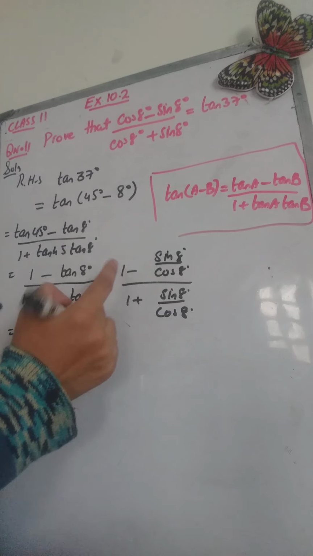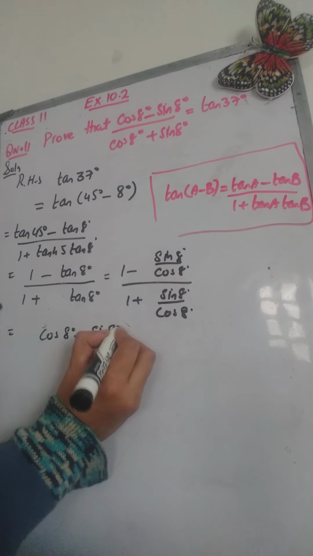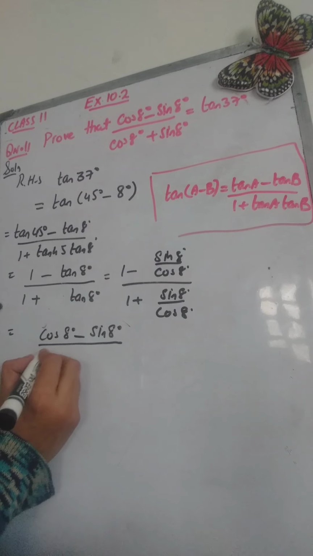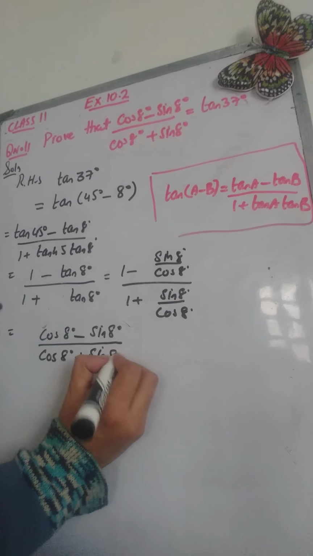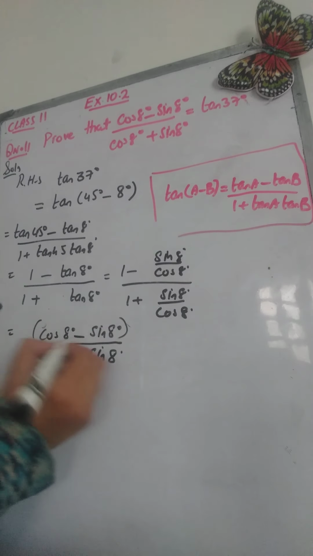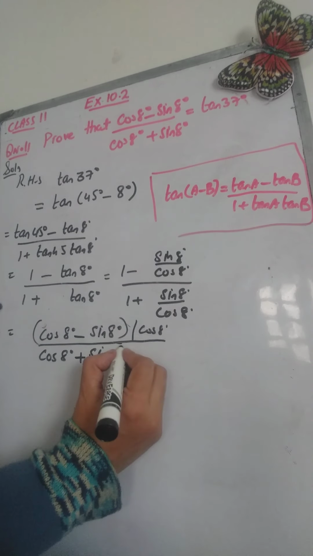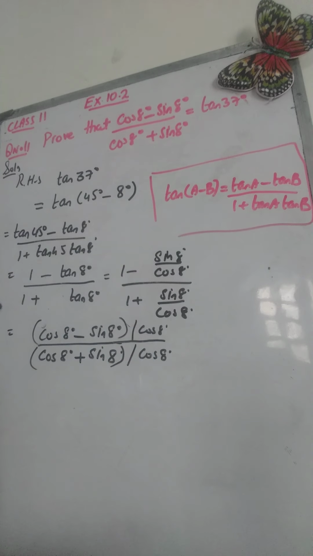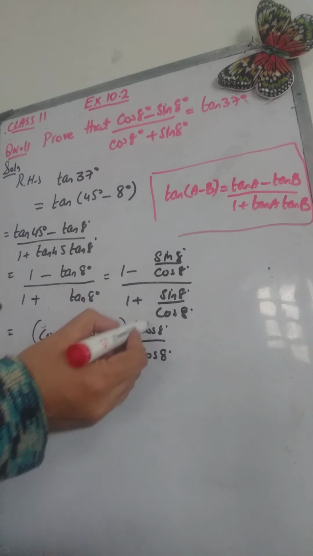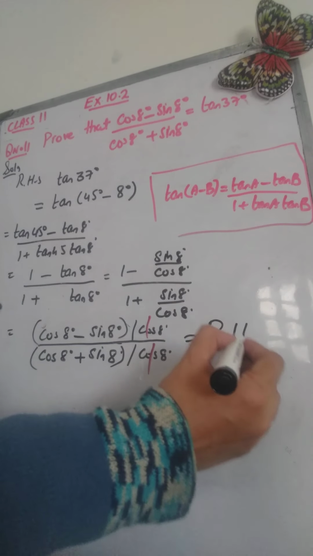Then I take the LCM: the numerator becomes cos 8 minus sin 8 over cos 8, and the denominator becomes cos 8 plus sin 8 over cos 8. As the denominator cos 8 is the same in both, it cancels out.